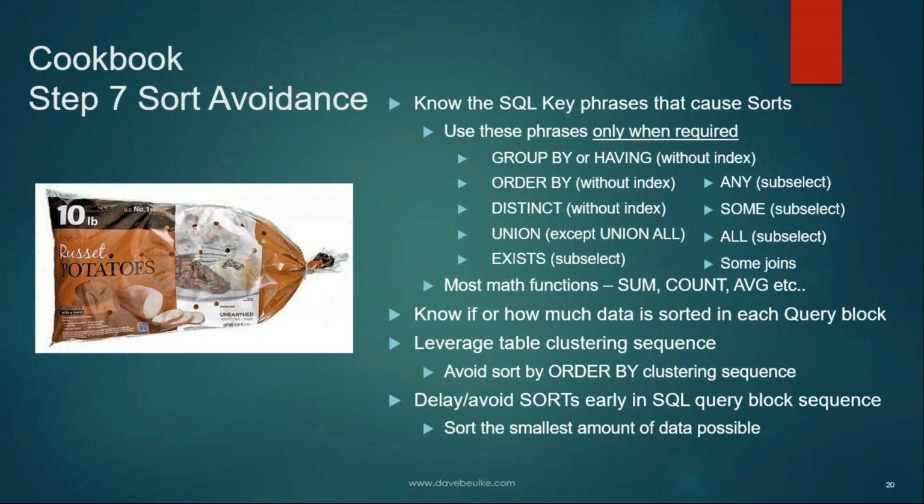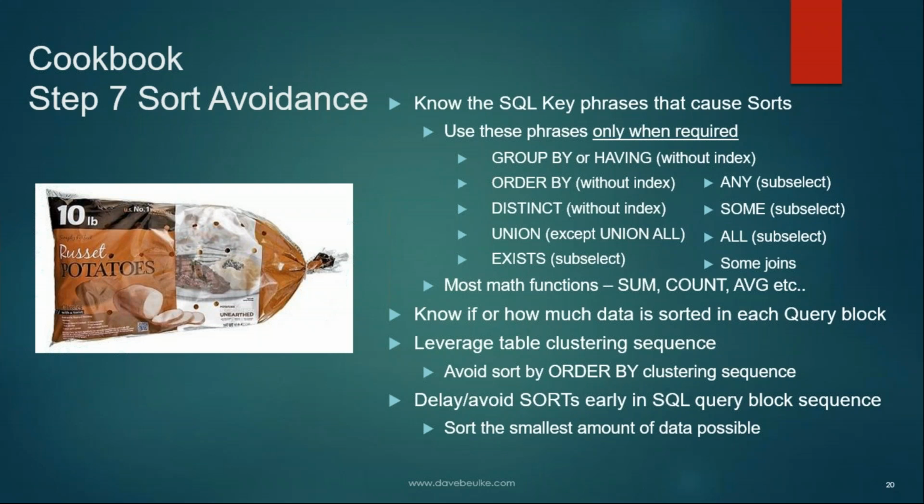Know which data and know which query block is going to be doing a sort. One of the things that's great about doing sorts, if you have to do sorts, is you want to make sure that your sorts are reflective in parallelism.